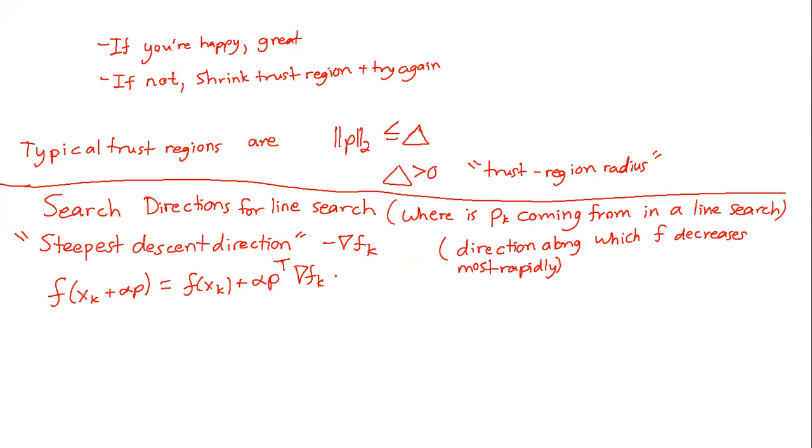Del fk plus one half alpha squared, which comes from using alpha p, p transpose del squared f of xk plus tp, and then p, for some t in 0 to alpha, open.